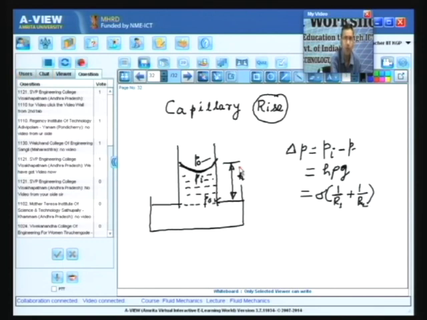It is very important to distinguish here that the radius of the sphere of which this is a part is not the same as the radius of the tube.